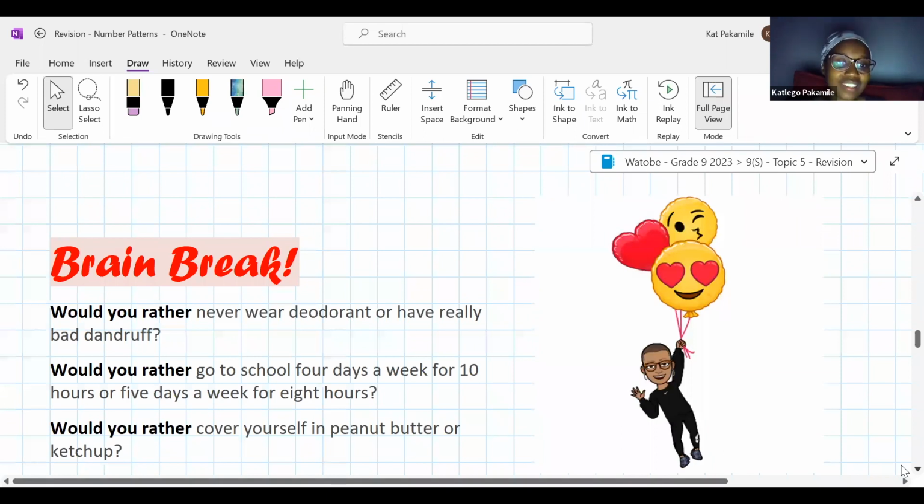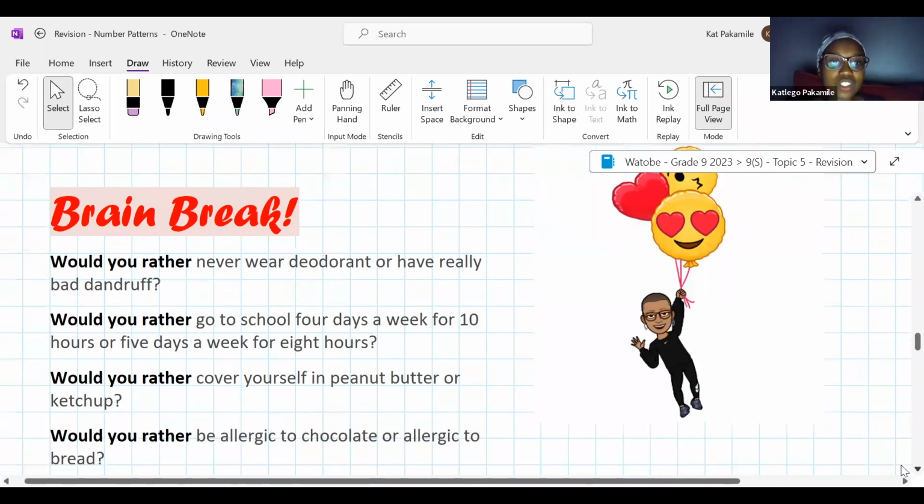Would you rather be allergic to chocolate or allergic to bread? This is a tricky one. Bread. Thank you, I'm with you on this one. Chocolate. Because why must I cook every day just because I want to eat chocolate?